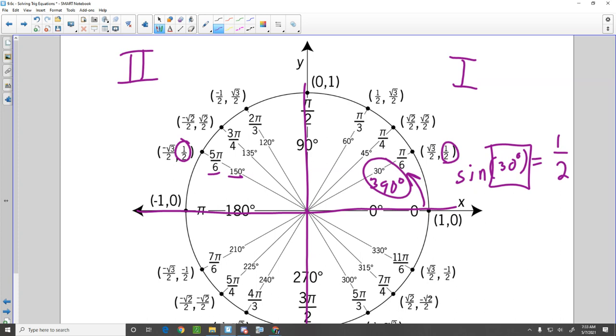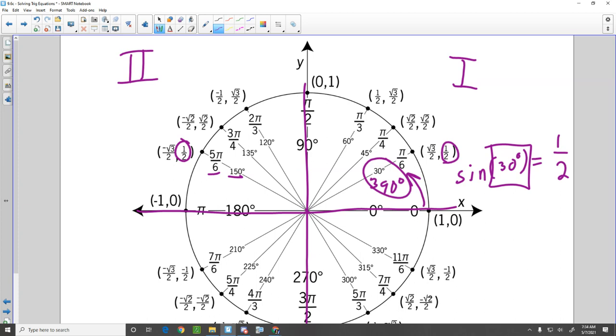Do you remember what we call angles like that? They have a special word. Starts with co. Terminal. Yeah, coterminal angles. Anyone remember the word coterminal angles? It's okay. It's all right. Do you remember hearing that maybe? No, all right.